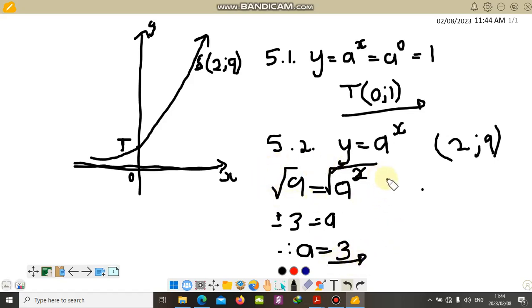Guys, from here, there are many ways of solving that. Also, you can say 9 is the same as 3 squared, so a squared equals 3 squared. The powers are the same, therefore a equals 3.